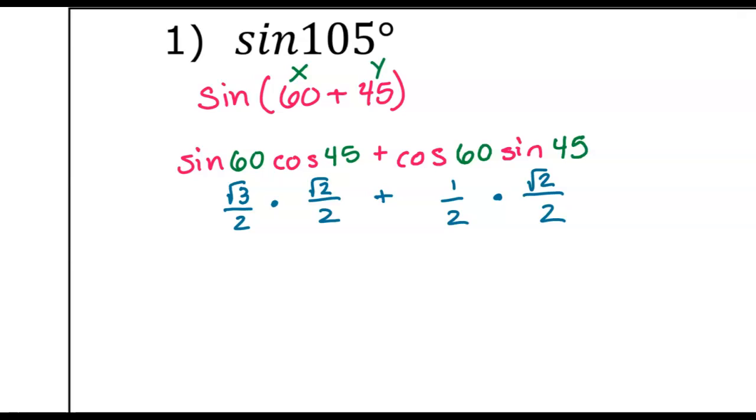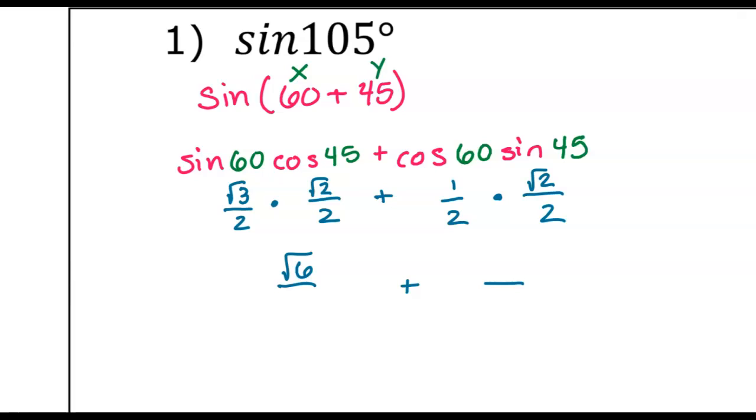How do I multiply? If I'm multiplying square root of 3 over 2 times square root of 2 over 2, how do I multiply those together? Yeah, you multiply the top and the bottom separately. How do I multiply two radicals? Yes. You just multiply the number under the radical. Good. So 3 times 2 is 6. Square root of 6.